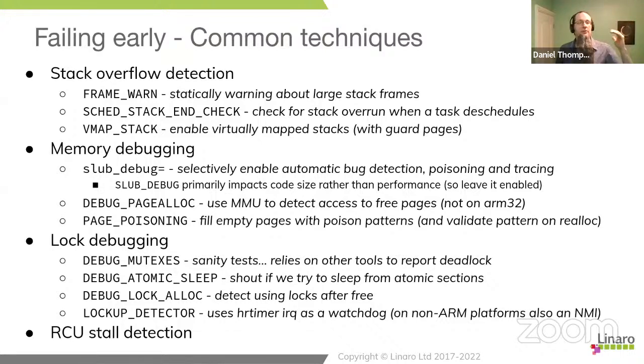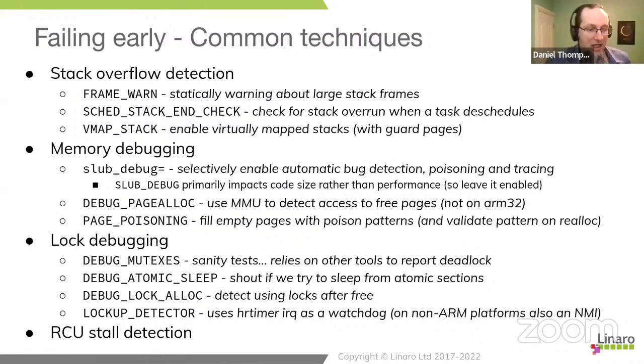And then finally, RCU stall detection is not really a debugging technique in itself. It's a useful property. So when you're in an SMP system, quite often one CPU will jam on maybe a spin lock that can never be satisfied, and the other CPUs end up eventually stuck waiting for it.